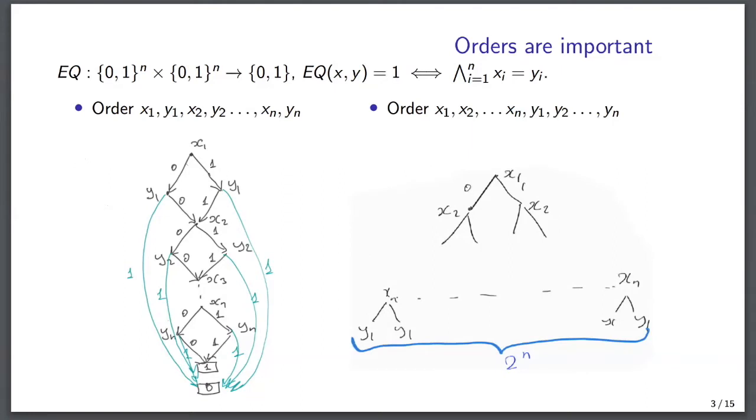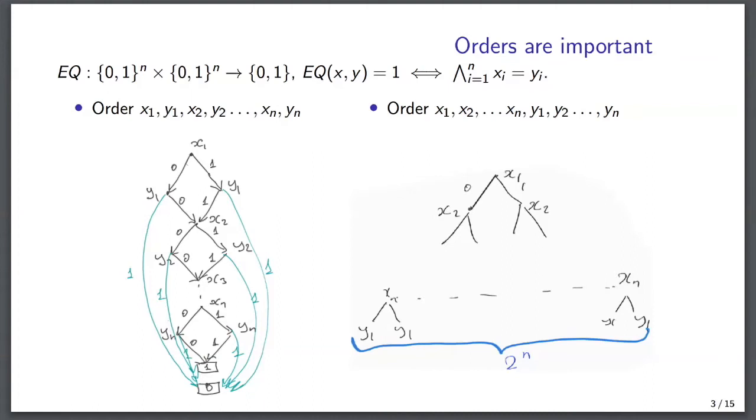Consider, for example, a very simple Boolean function, equality. It has 2n Boolean arguments, and equality of x and y equals 1 if and only if the strings x and y are equal. First of all, consider the order of variables x1, y1, x2, y2, and so on, xn, yn. It's easy to see that there is a short OBDD representing this function in this order; the first picture shows it.